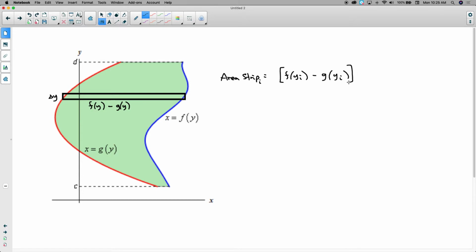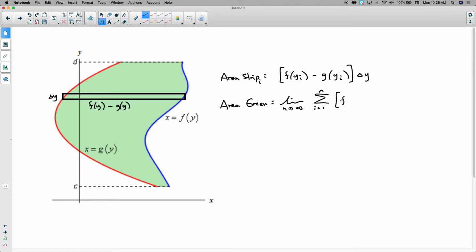G being smaller than f, we'll get a positive number here, multiplied by its width. Okay, so then the area of the green is the limit as n goes to infinity of the sum of some n many strips.